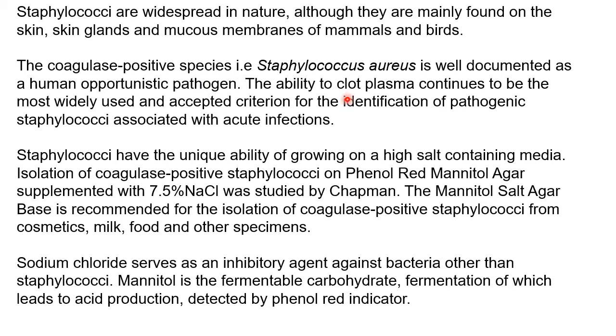The ability to clot plasma continues to be the most widely used and accepted criterion for the identification of pathogenic staphylococci. That's the reason why Staphylococcus aureus is considered one of the most potent pathogens tested in pharmaceutical, dairy or food industries. Okay, the test is mandatory.